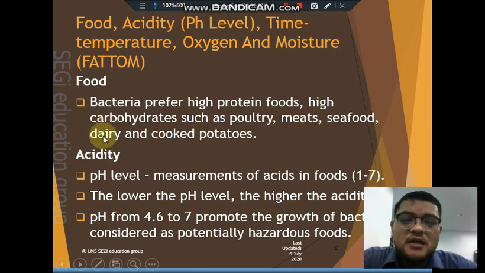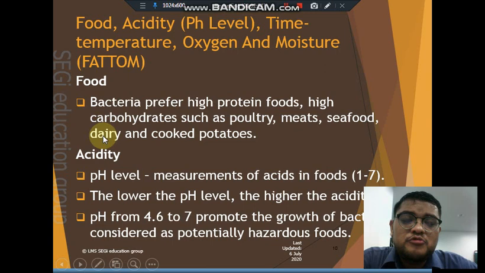All of these are foods that are very high in protein content. So food that is high in protein content will easily get spoiled because bacteria can grow inside the food. This is especially if the food is not cooked.